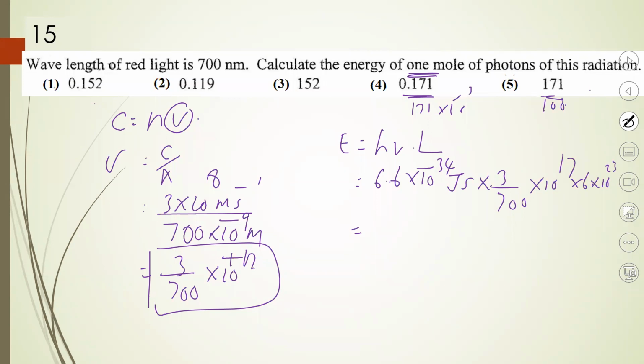If you bring all this data together, 6.6 into 3, here 6 divided by 7, and 700 is there. 3 into 10 to the power minus 17 and 10 to the power 23 remains. The other one has 2 zeros available, so if you cut this one it becomes 21.